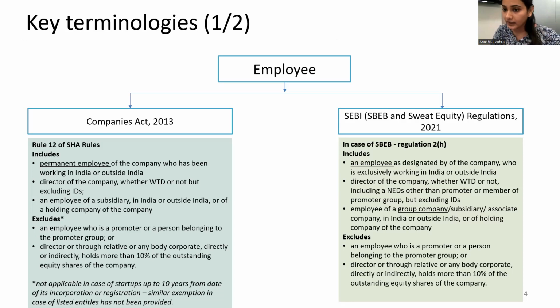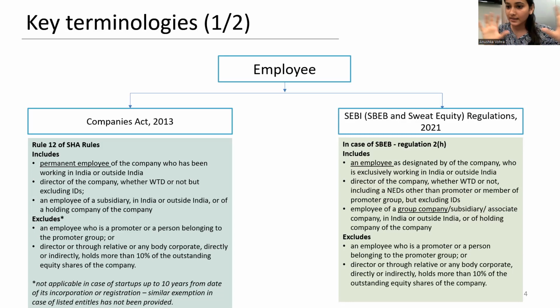If the employer is a private company or an unlisted company, the definition of employee will be governed by the Companies Act 2013. If the employer is a listed company, the definition will be governed by the provisions of the respective SEBI regulation, which is the SEBI Share-Based Employee Benefits and Sweat Equity Regulations 2021, which I'll be addressing as SBEB regulations for the purpose of brevity.